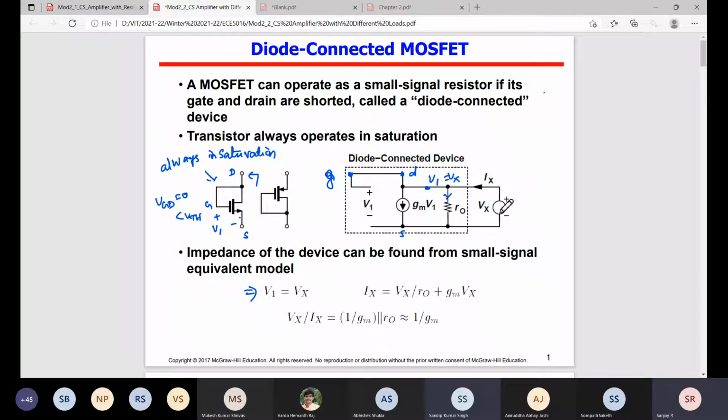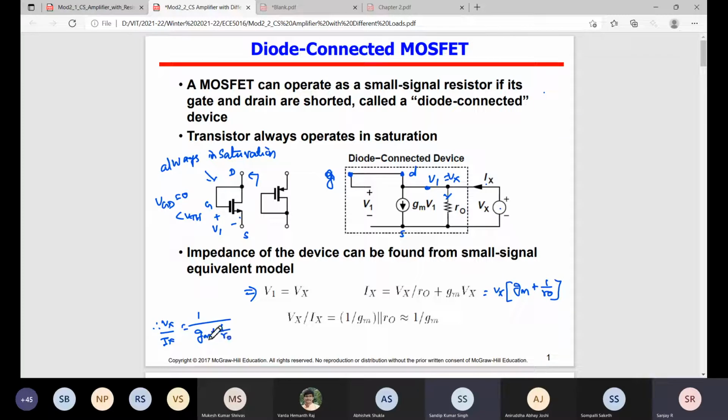What do we want to find? Vx divided by Ix. Rearranging the terms, Ix equals Vx into gm plus 1 by R0. So Vx by Ix equals 1 by gm plus 1 by R0.